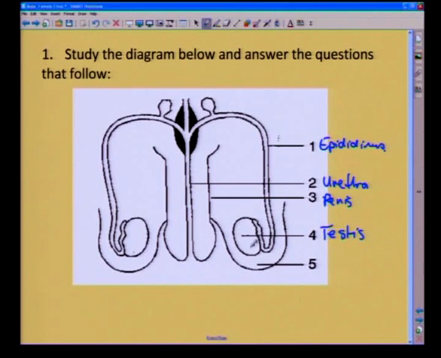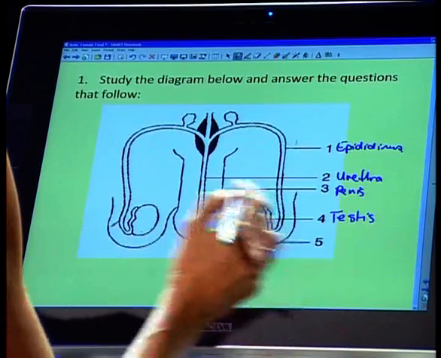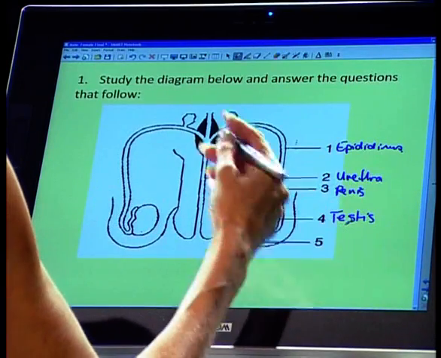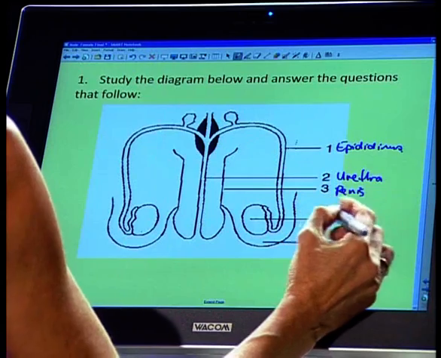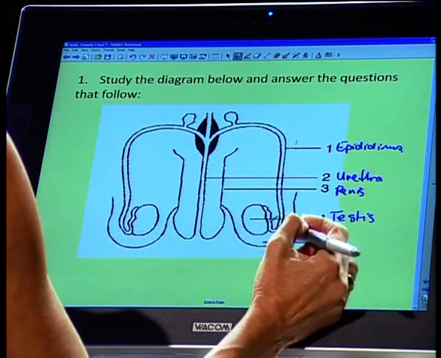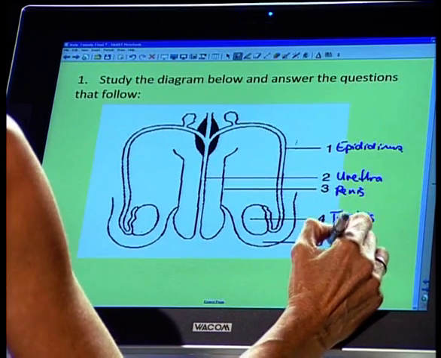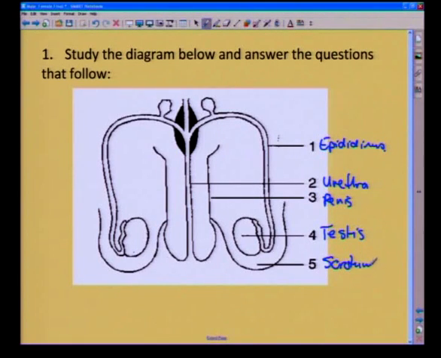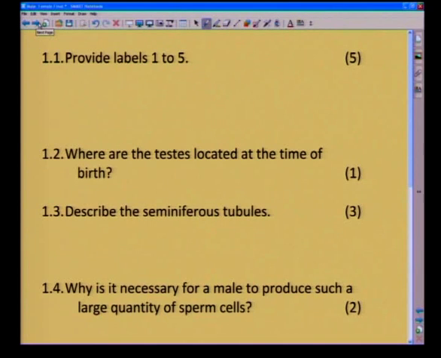Because you're only looking at one of them. And when you look at any diagram, that is the left side and the right side, as if you are looking at a human being lying in front of you. So this here would be the right testis, and this would be the left testis, but testis is fine. And then 5 is the scrotum. All right, so provide labels for 1 to 5.